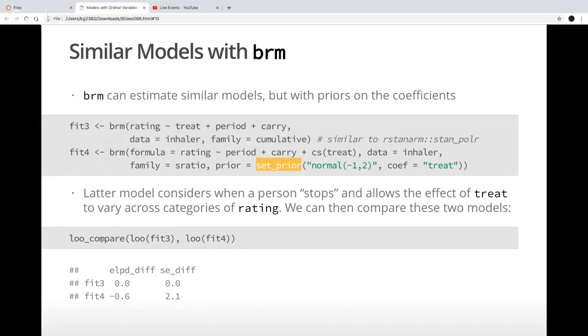And so you could present both of them. You could get LOO model weights to combine the predictions in an optimal fashion, etc. But there's sort of no strong evidence to prefer one form of the model to another with these data.